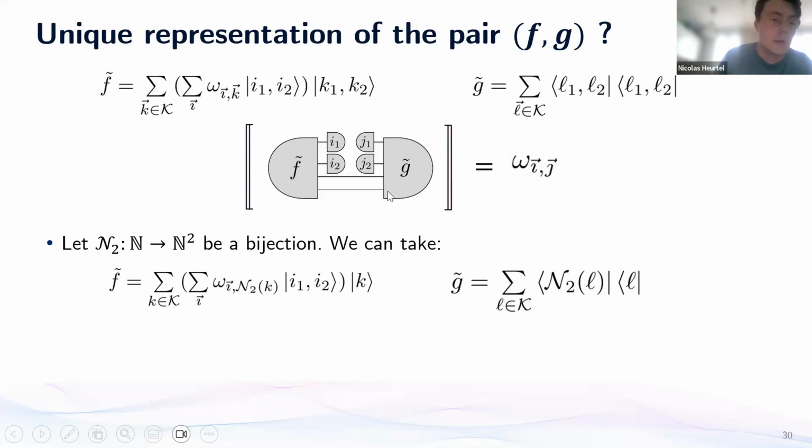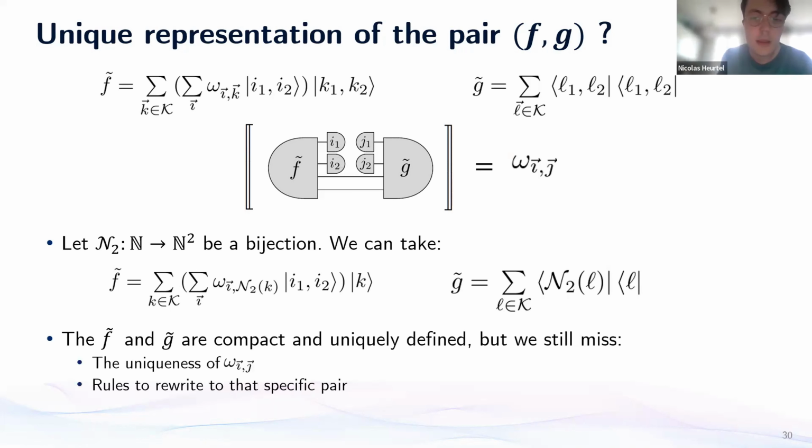So maybe in the paper, if you see a bijection at some point in the normal form, it is for that reason. Instead of having a lot of identity wires, I prefer to reduce it to just one small wire. And so here we have uniqueness, but only with the hypothesis that the omega are unique.